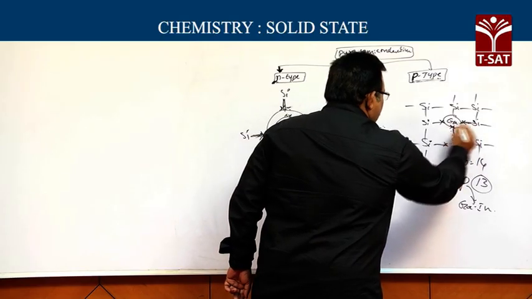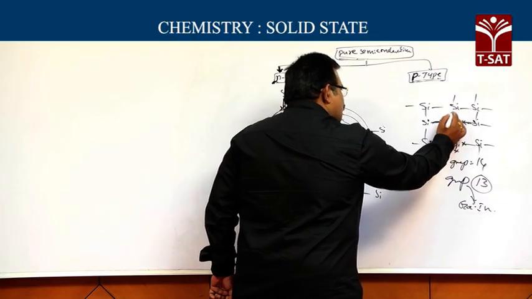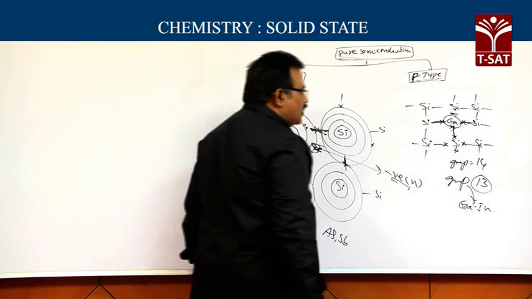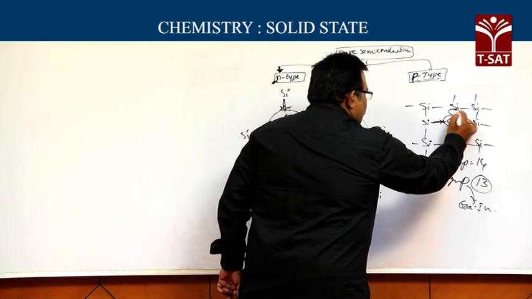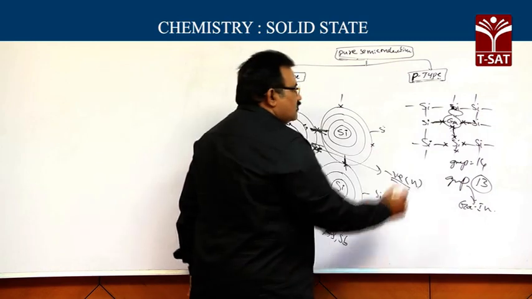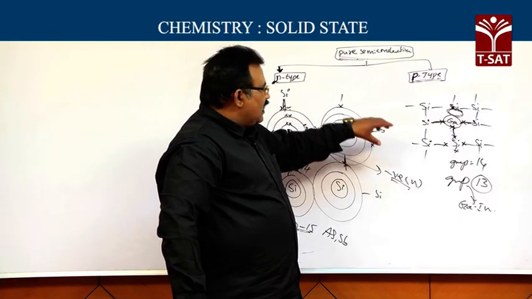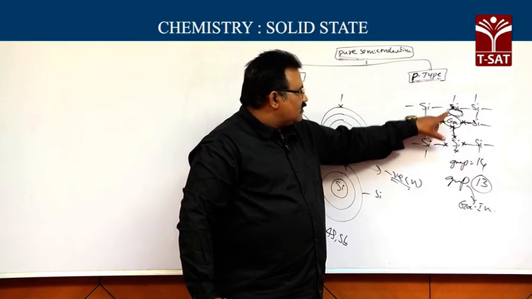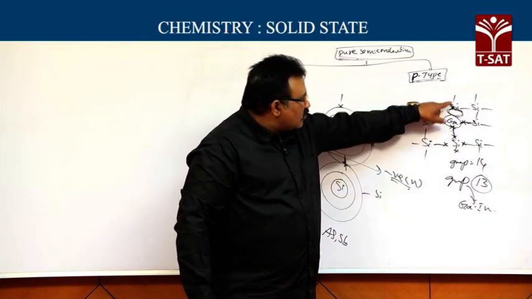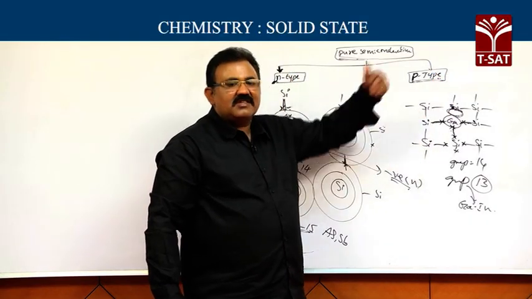This bond, this bond, this bond is okay. But previously, where the silicon atom is present, there was a bond. But gallium has only 3 valence electrons. Here, only 1 unpaired electron is present on silicon, leaving a hole. When electricity is passed, if the electron moves in one direction, the positive hole moves in the opposite direction.